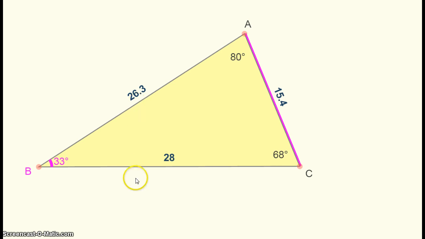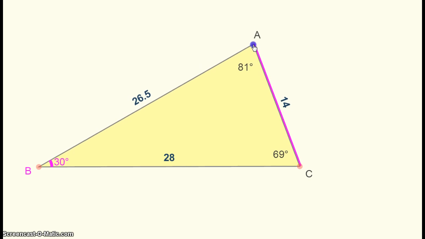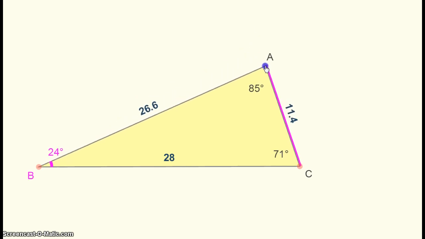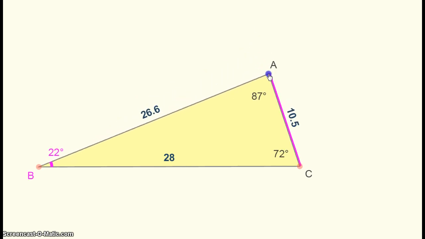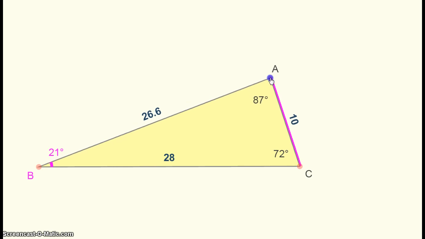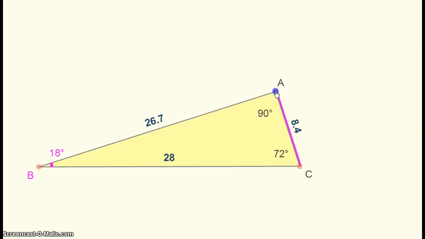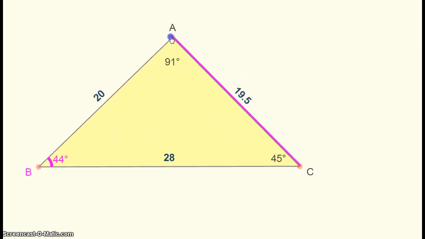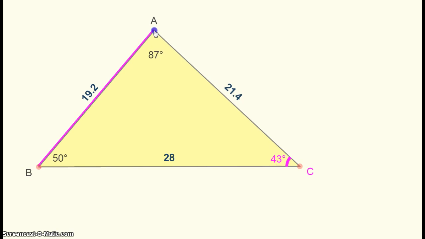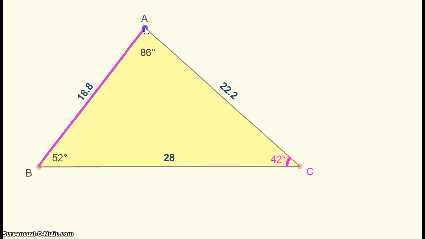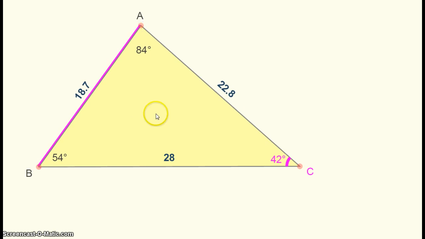And so what we need to realize is that this angle makes the side. As this angle gets smaller, you notice the size of the side AC also gets smaller. If we open the angle up, that side AC gets bigger. And we eventually get to the point where maybe the smallest angle has changed.